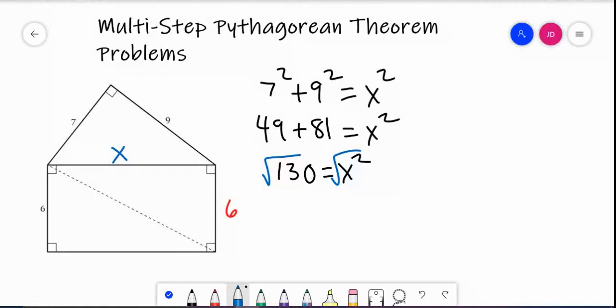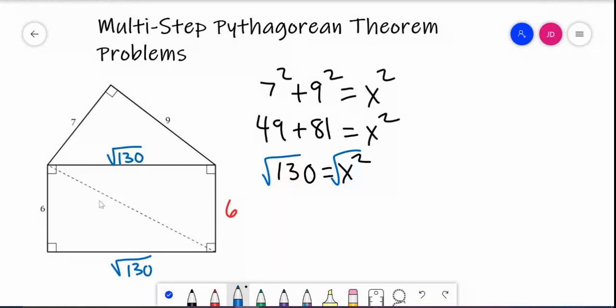Now, I'm going to leave it as just the square root of 130. I'm just going to leave it like that, because when you start rounding, that could mess up your decimal at the very end. So I want to be as accurate as possible. So this is the square root of 130.